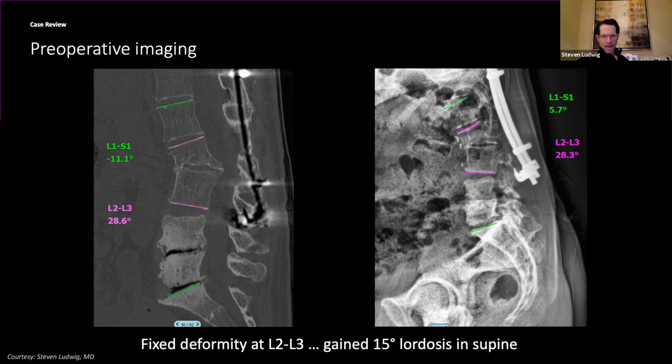And when they lie down for their CT scan, advanced imaging studies, you could see that she partially corrects through those degenerative deformities at L4-5 and L5-S1. Does everybody appreciate that? I think that's an important thing to take a look at when you're evaluating somebody with a sagittal plane deformity.